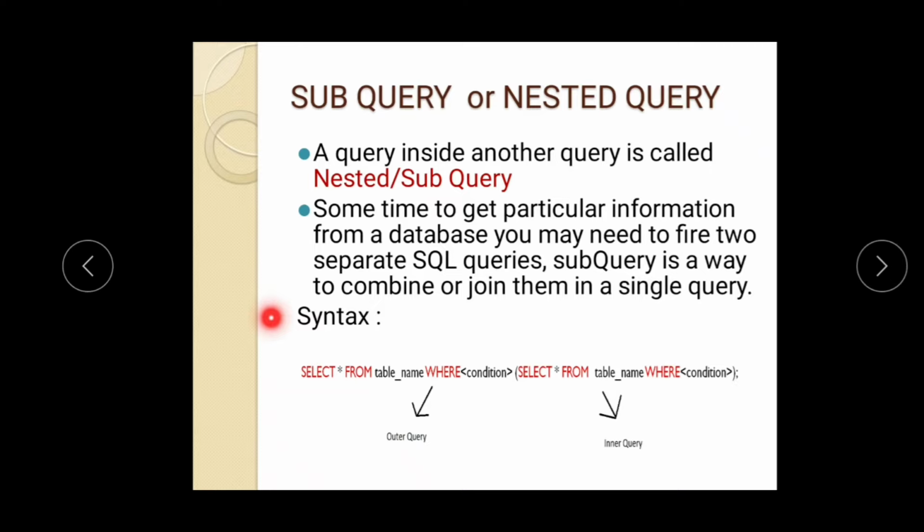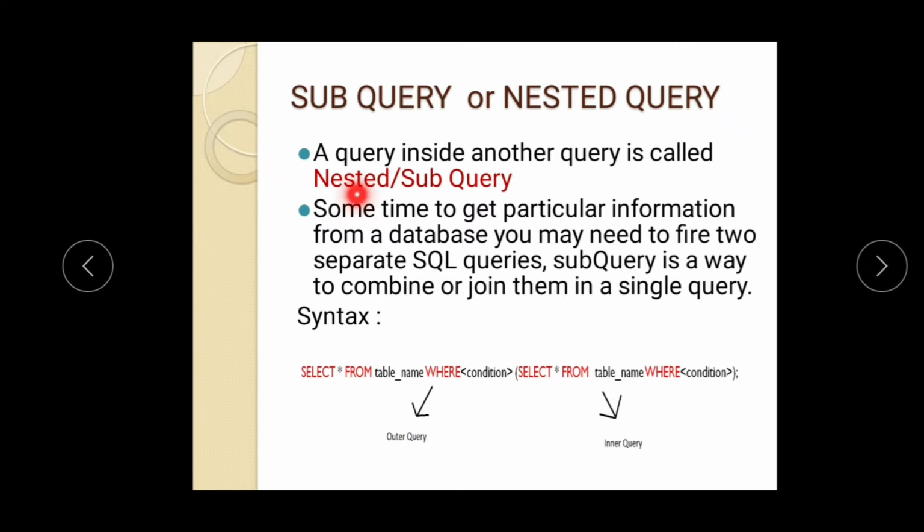So how can we write those multiple queries? We can write a query inside another query. We will write one query, and inside that query, we will write another query. Clear? So that is called a nested query or subquery.